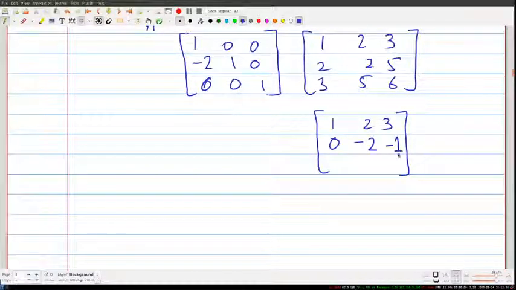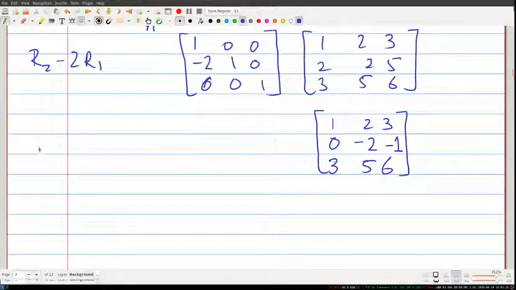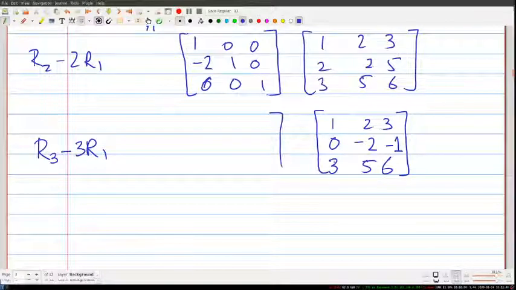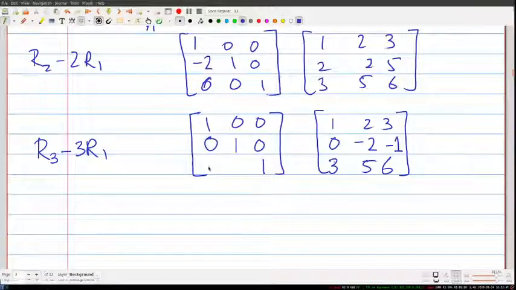I'm trying to be very careful here so that I don't mess this up. So this is 3, 5, 6. Okay, so this was row 2 minus 2 times row 1. The next step that I'm going to do is row 3 minus 3 times row 1. So now let's build the elimination matrix for that. This is 1, 0, 0, 0, 1, 0, negative 3 here, 0 here, and 1 here. Okay.